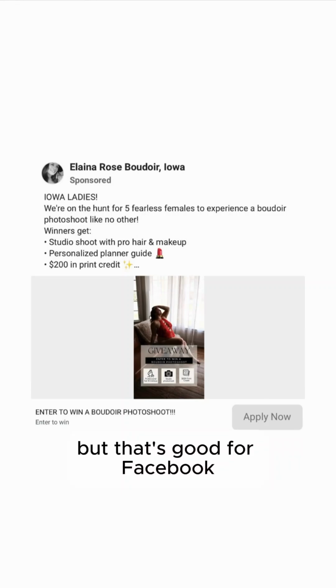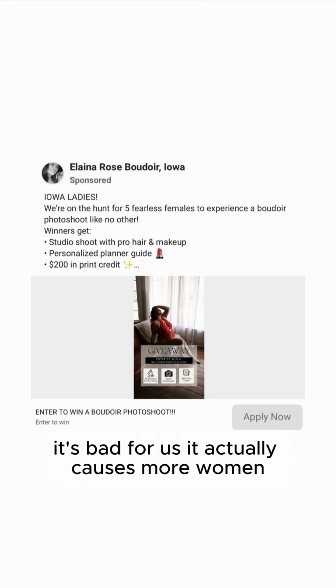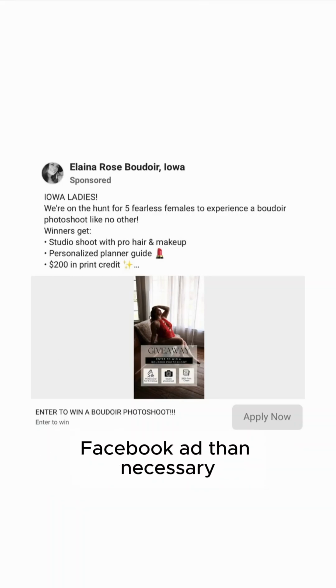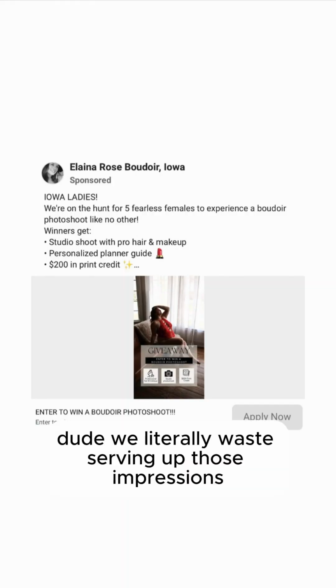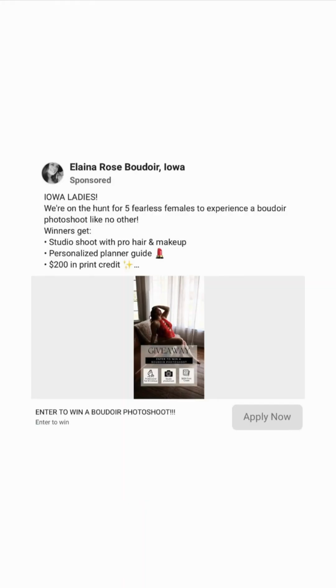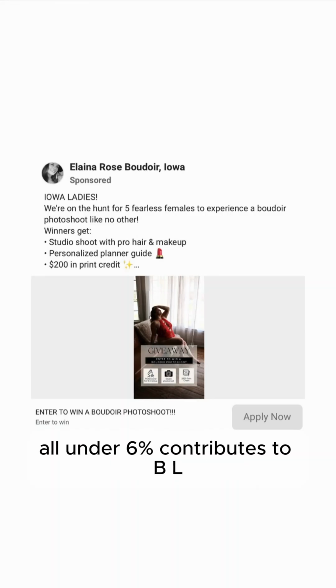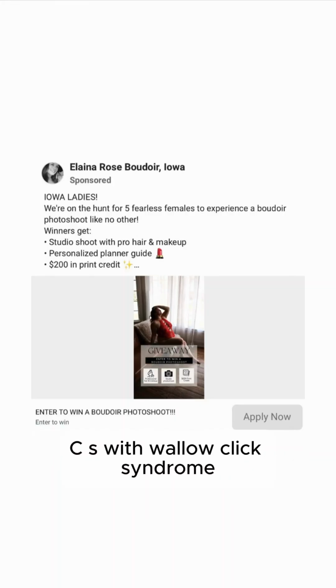But that's good for Facebook. It's bad for us. The consequence is it causes way more women to scroll by our Boudoir Facebook ad than necessary. We literally waste serving up those impressions because the women are just going to scroll by, our ad never enters their brain.